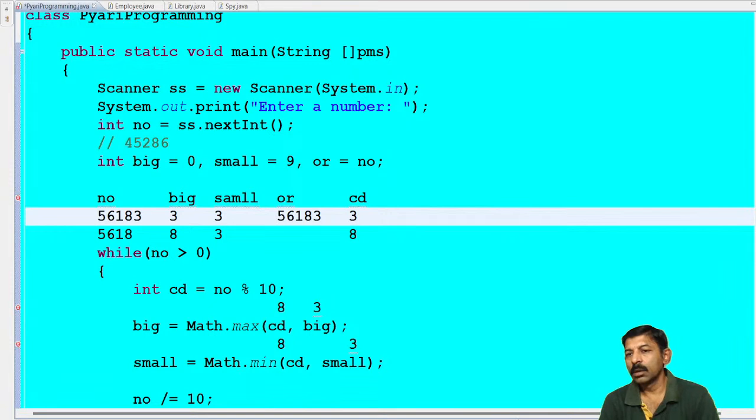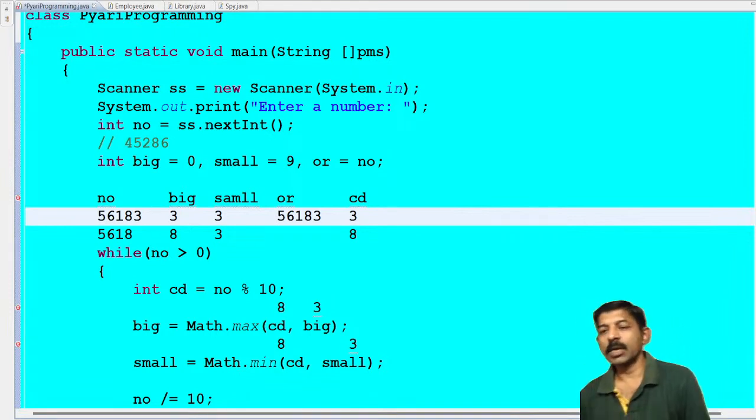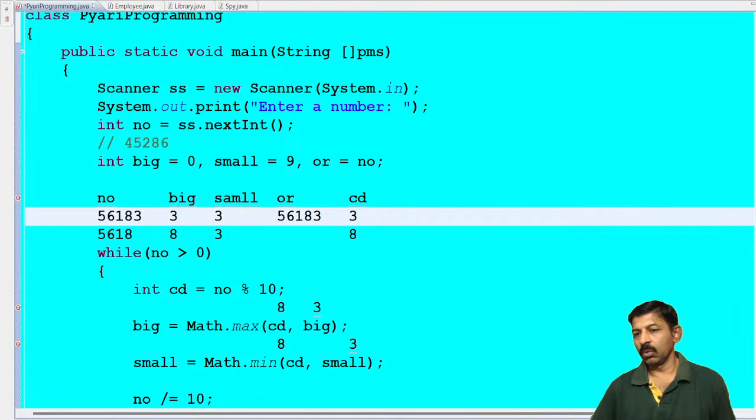No dry run needed. Okay, fine. Not needed. Good. That means rest part of the dry run you can do on your own.